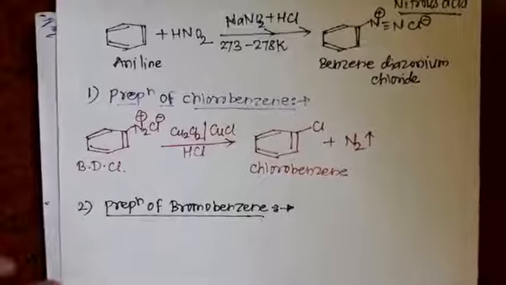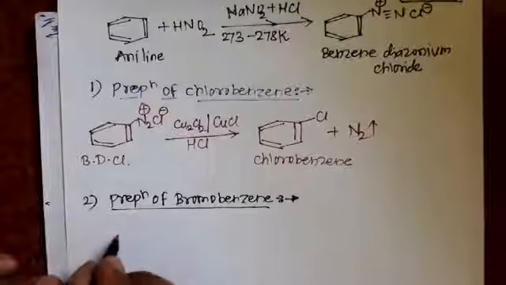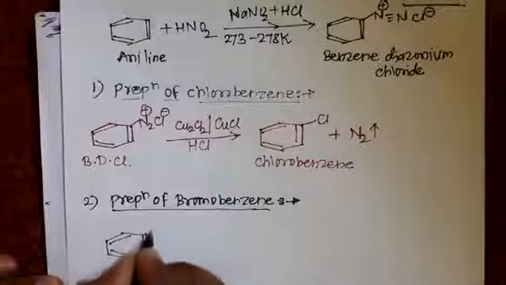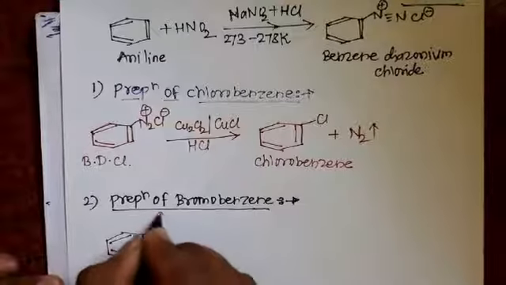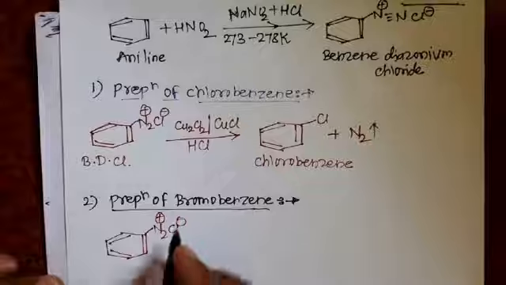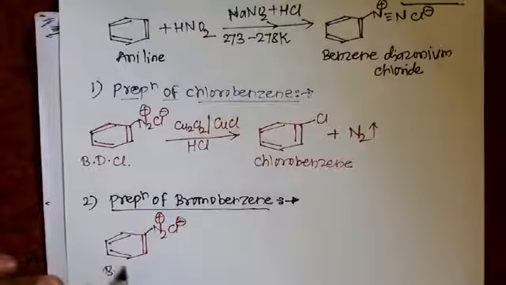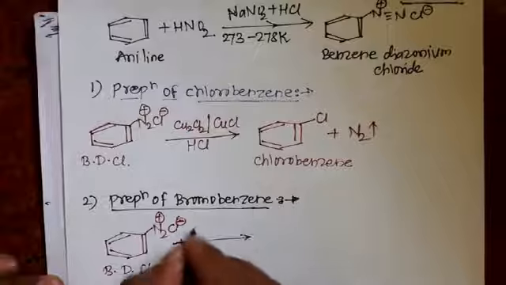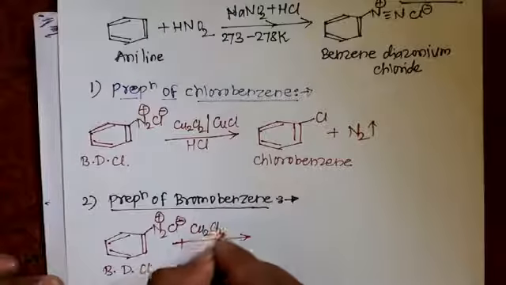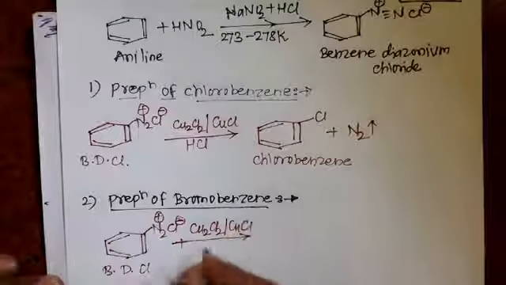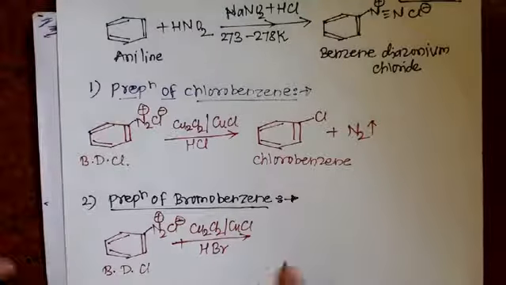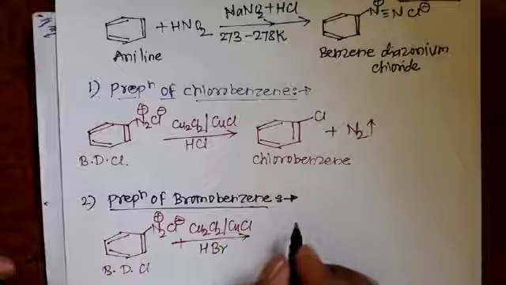When benzene diazonium chloride is treated with cuprous bromide and HBr, it gives bromobenzene.